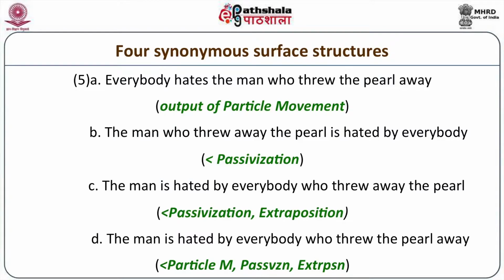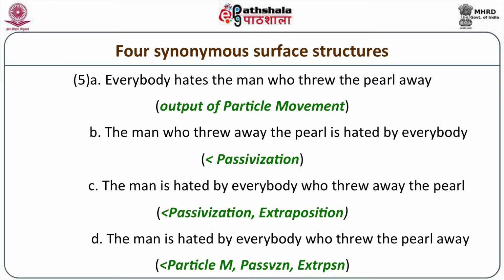I'll give you an actual example. Consider the 4 allosentences. Everybody hates the man who threw the pearl away. The man who threw the pearl away is hated by everybody. The man is hated by everybody who threw the pearl away.